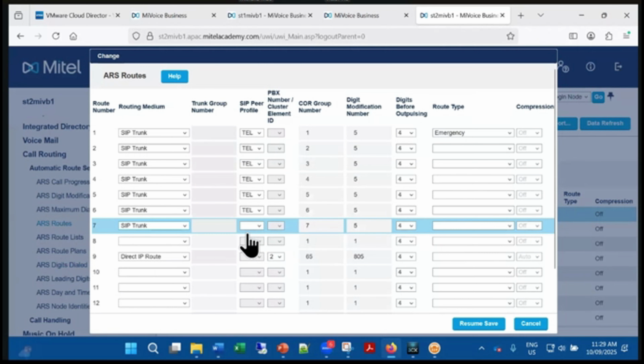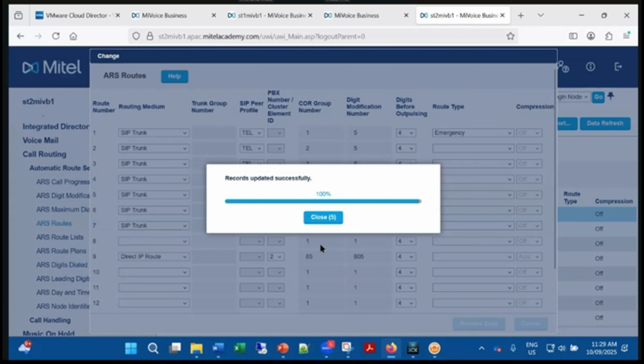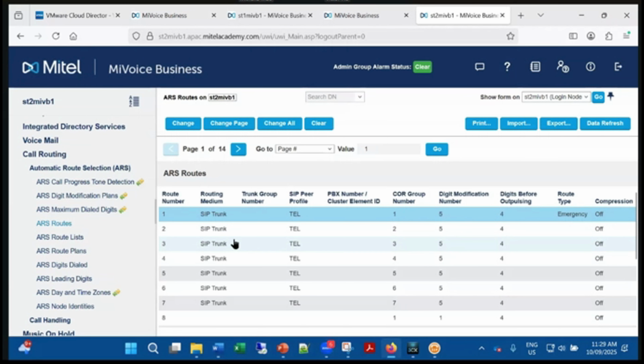Balance it. Okay, so there's my 7 routes. There's my 7 routes. And my class restriction group is the same as the route number.